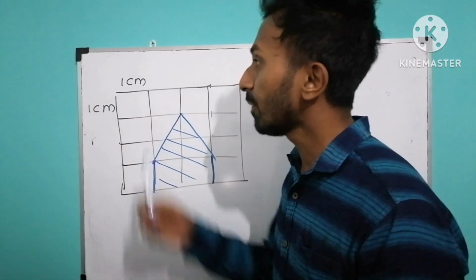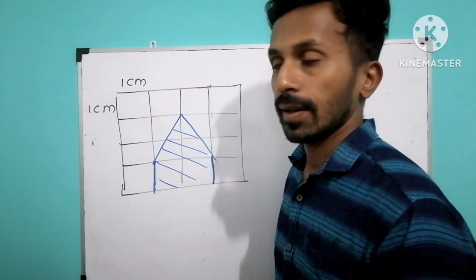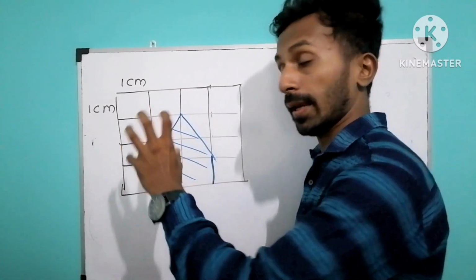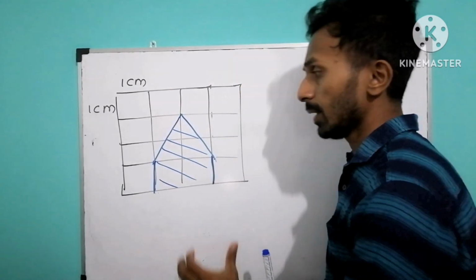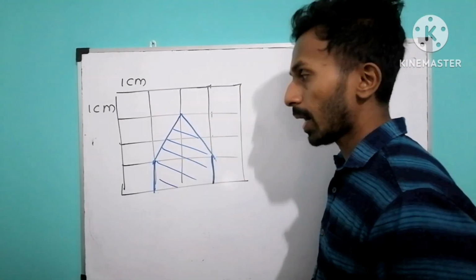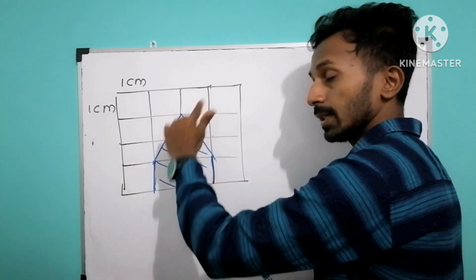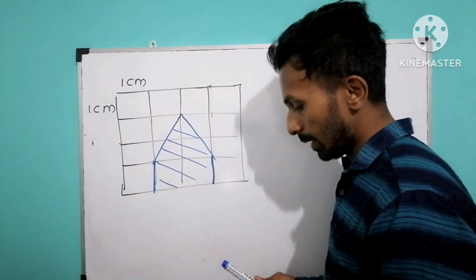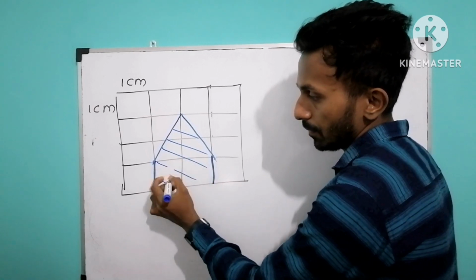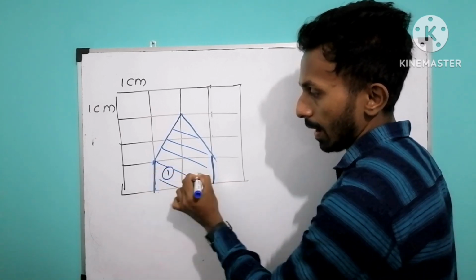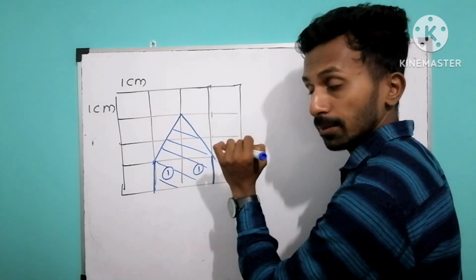Here you have been given a 1 by 1 square grid. Here you have to find the area of the shaded part. Let's find the area of this square, 1 and another 1 square centimeter.